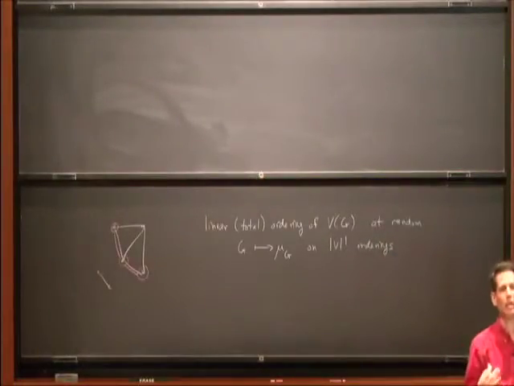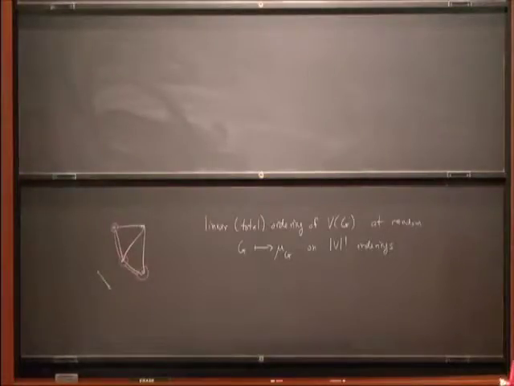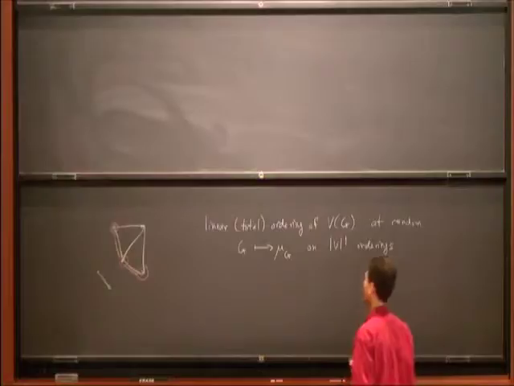So the assignment of G to mu sub G should be invariant under, or equivariant with respect to isomorphisms, and respect induced subgraphs in the following way.